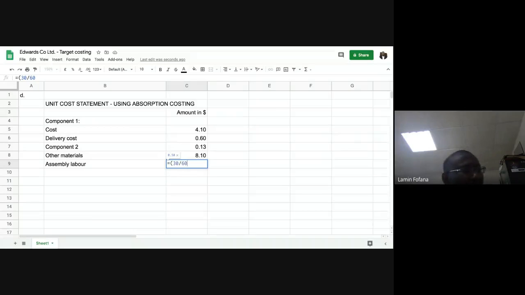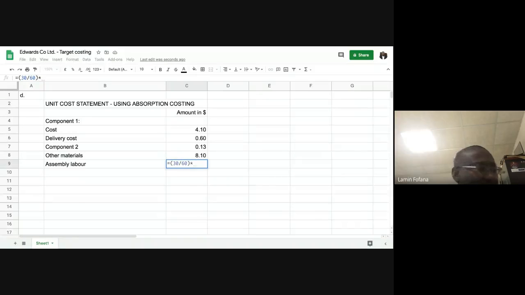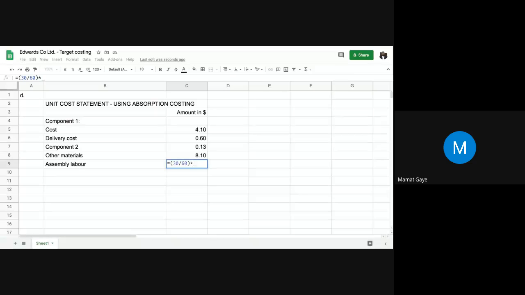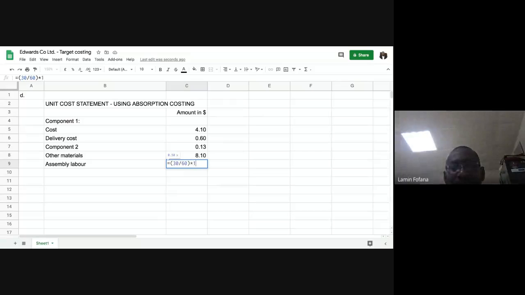The 30 is in minutes, and then the rate is in hours. So you have to say 30 divided by 60. Bracket closes, times 100 over 90. That is grossing it up. Don't forget the 100 over 90. You need to put it in brackets.